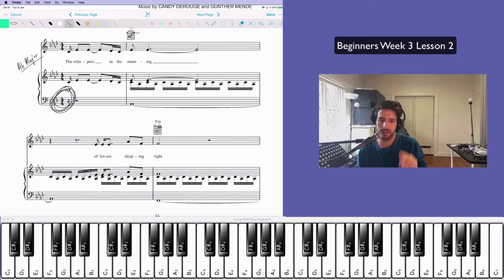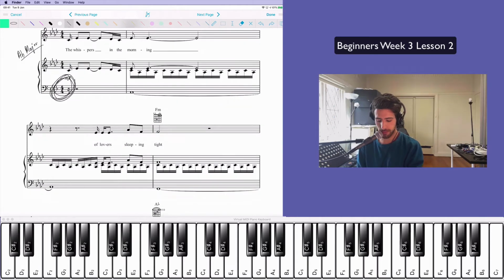Most pop songs, 1, 2, 3, 4, and you want to subdivide that so you have an understanding of what occurs between 1 and 2. So it's 1 and 2 and 3 and 4 and so they're quavers. I should be able to fit 8 quavers into a bar, and I should be able to fit 4 quarters, so 4 crotchets into a bar.